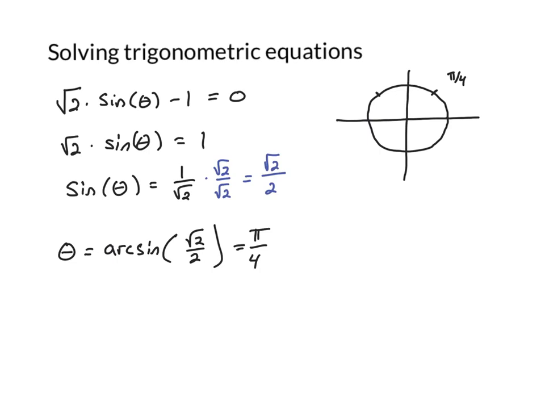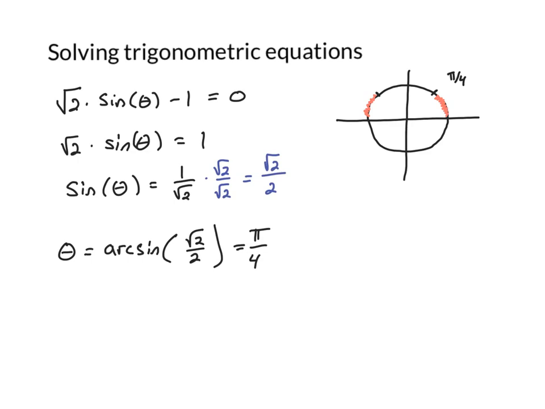If I went straight across from pi over 4, I would get another point on the unit circle. That would be another solution. So I need to think about what this value is over here in quadrant 2. This is where our reference angles are very helpful. I know that this distance right here is pi over 4, and it's going to be the same as this distance here along the unit circle.